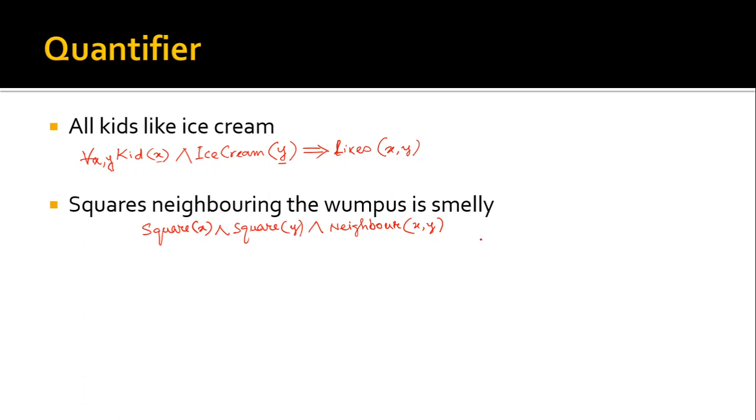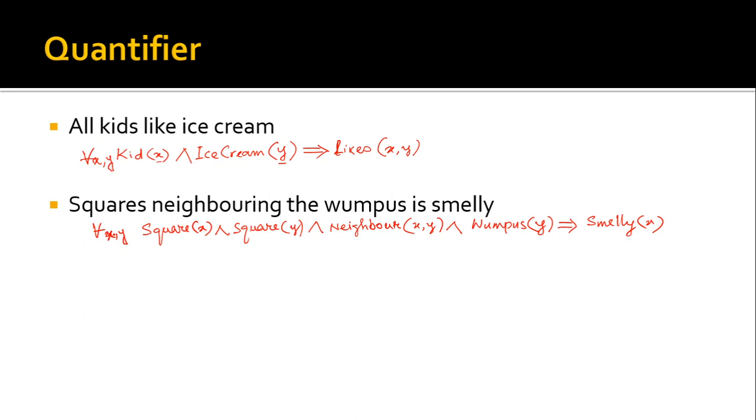Of course, one of them should have the pit to make the breeze felt from the other neighboring square. So we should write something like this: say you have a pit in, say, Y, right? In that case, your X will be breezy. And we are doing it for all the squares, so you have to say for all X, Y, right?